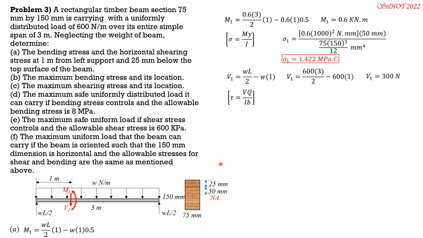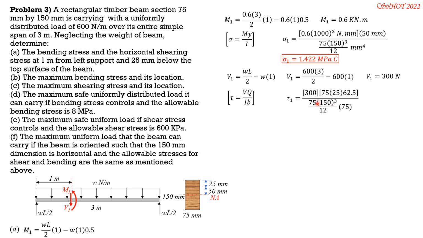So Q is area, which is 75 times 25, times the distance of the centroid of that area to the neutral axis, 62.5, and b is 75 mm, the width of this line. So V is 300, area is 75 by 25, moment arm 62.5 from the neutral axis.